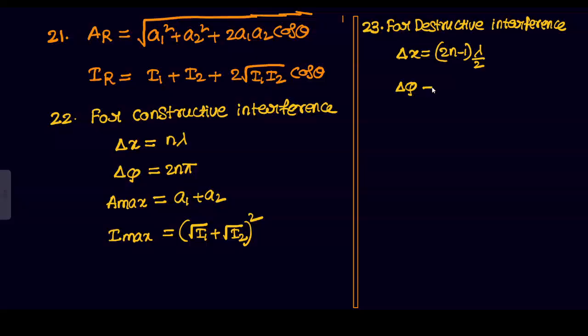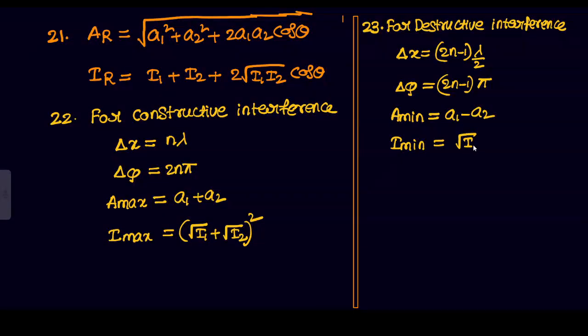And phase difference is how much? 2n minus 1 into pi. Okay. And in this case, we have minimum intensity now. Minimum amplitude is A1 minus A2. Minimum intensity is what? Tell me now, root of I1 minus root I2, whole square. Minimum intensity.